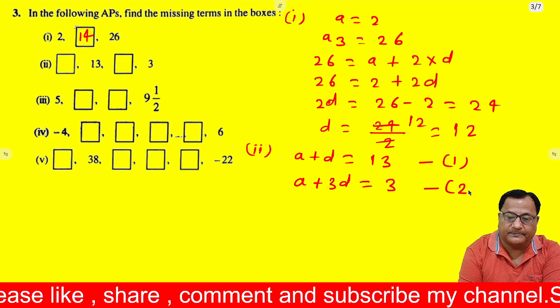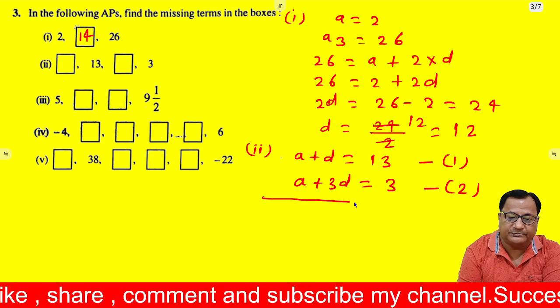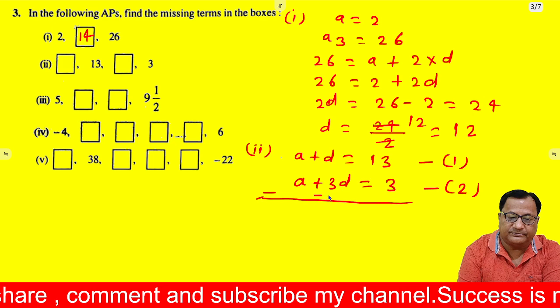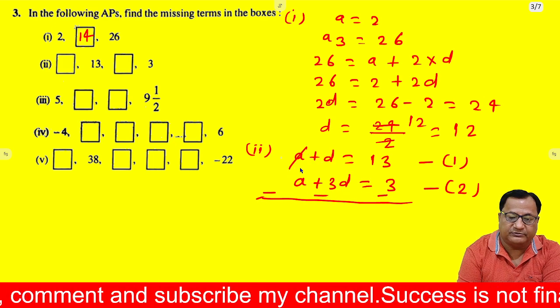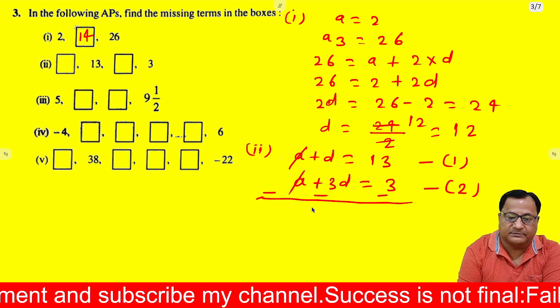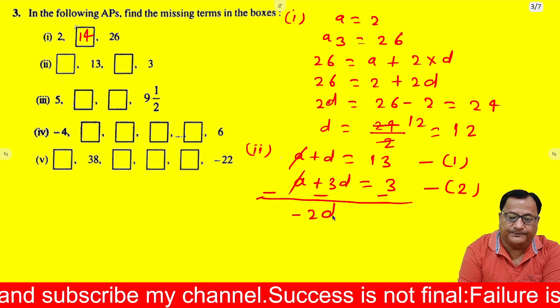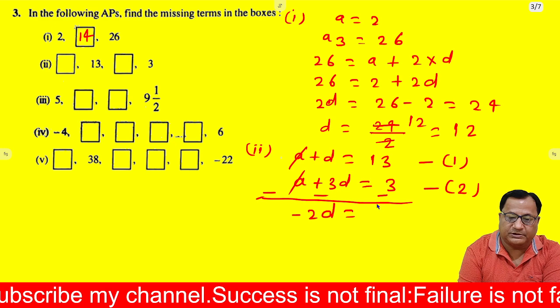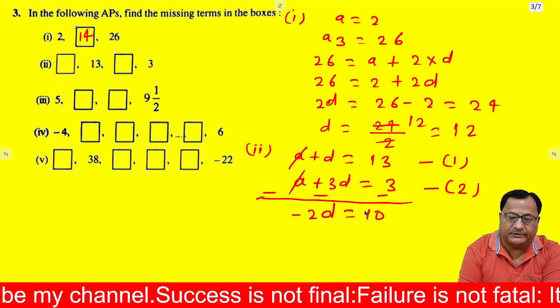This is the second equation. If you subtract this, the a will be cut, and minus 2d is equal to 13 minus 3, which is 10.